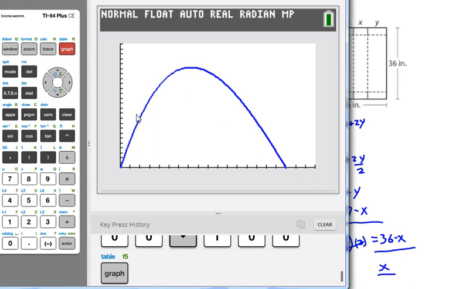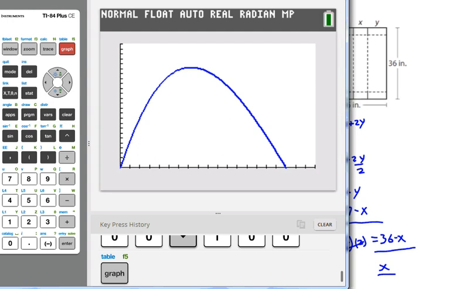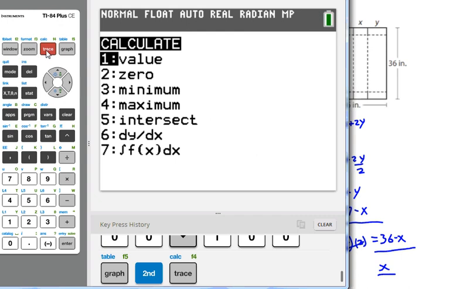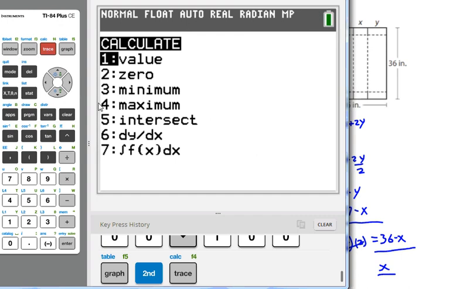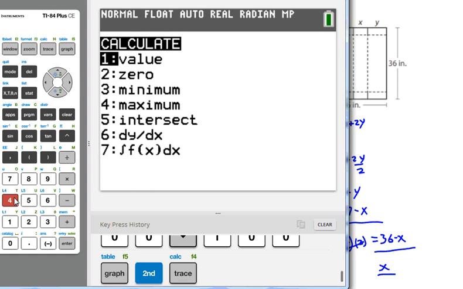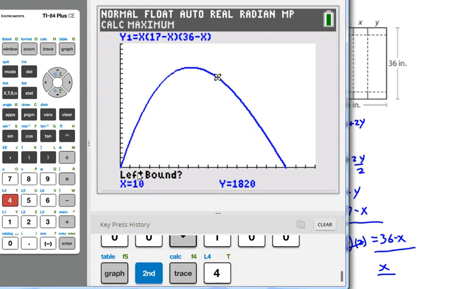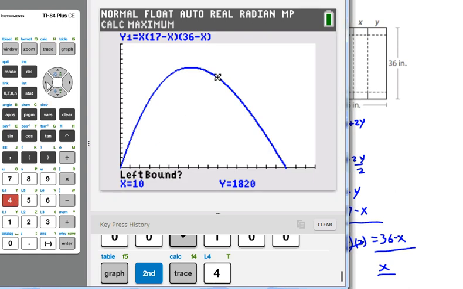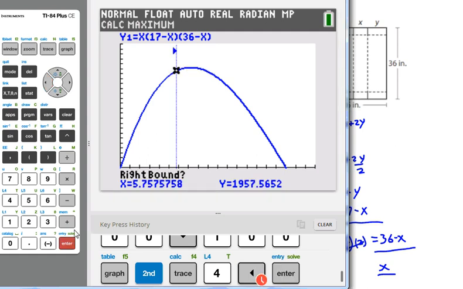As far as finding that maximum, we could trace to find it. But the way to really do this is go to second trace, which is calc, and go down to 4, which is maximum. Press that, and then we have a question mark, left bound. So we arrow over to the left of our maximum and press enter.